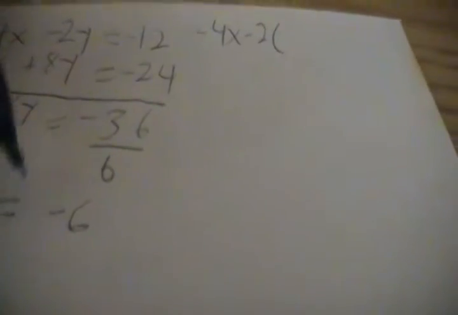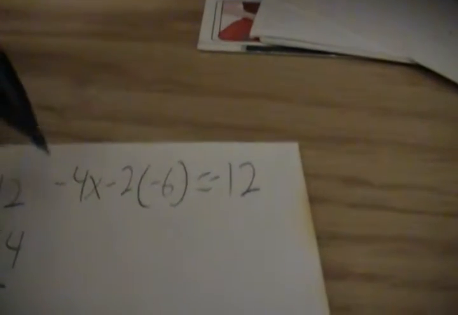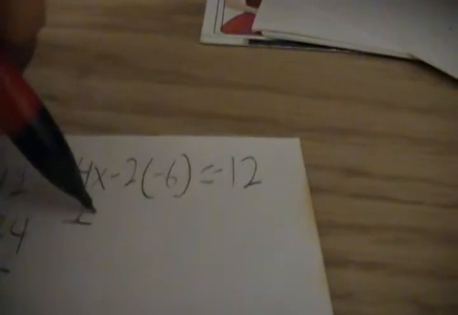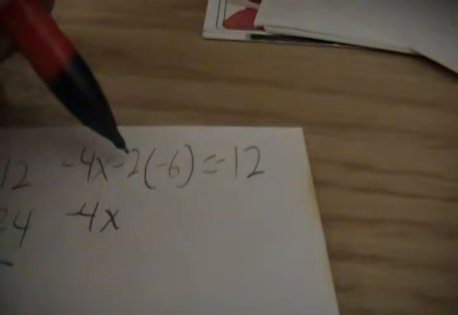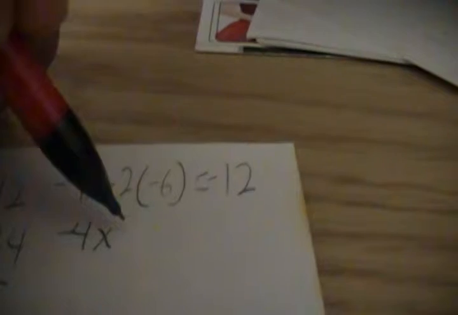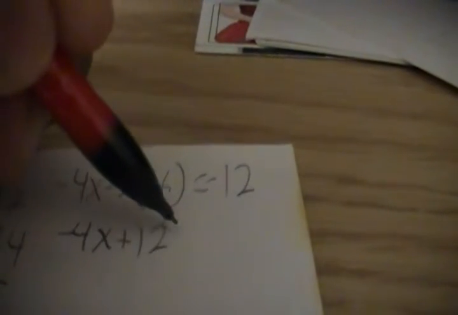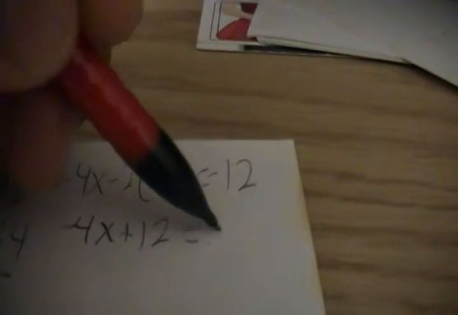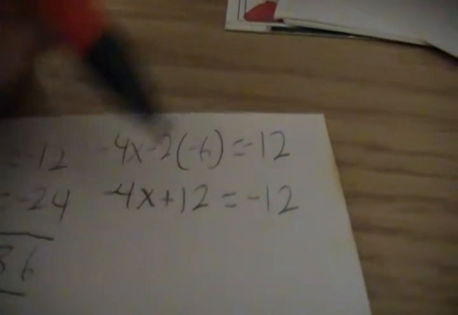So we get negative 4x minus 2 times y, which is negative 6, is equal to minus 12. All right, so negative 4x, minus 2 times minus 6 is plus 12, equals minus 12.